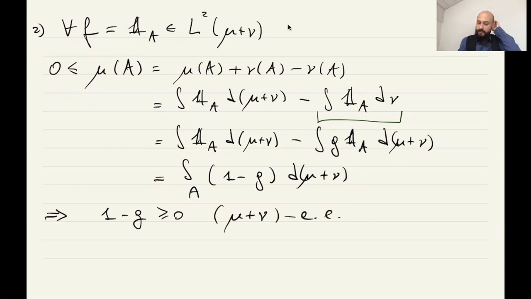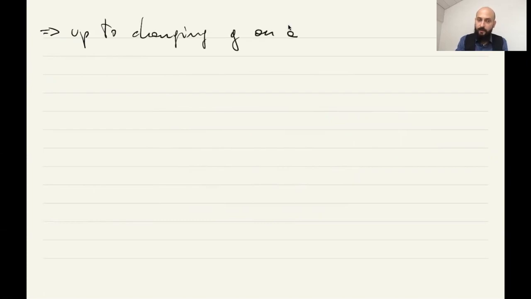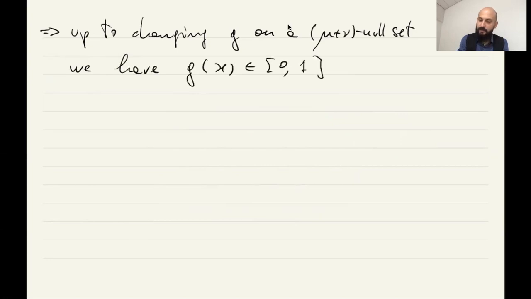In other words, g almost everywhere is smaller than 1. Therefore, up to changing g on a mu plus nu null set, we have that g of x is in the interval 0, 1 for all x in E.